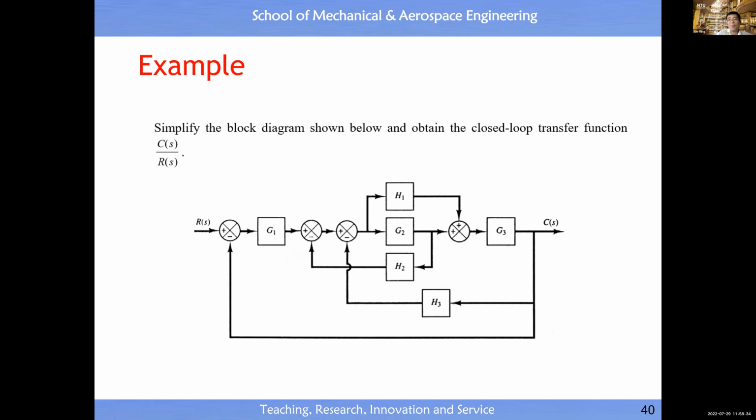For example, this is a visualization of a very complicated control system. We want to know the equivalent transfer function between the final output and the final input. The good news is that without writing equations, we just follow the relationship among the signals. As long as the relationship among the signals is unchanged, we can modify this block diagram.